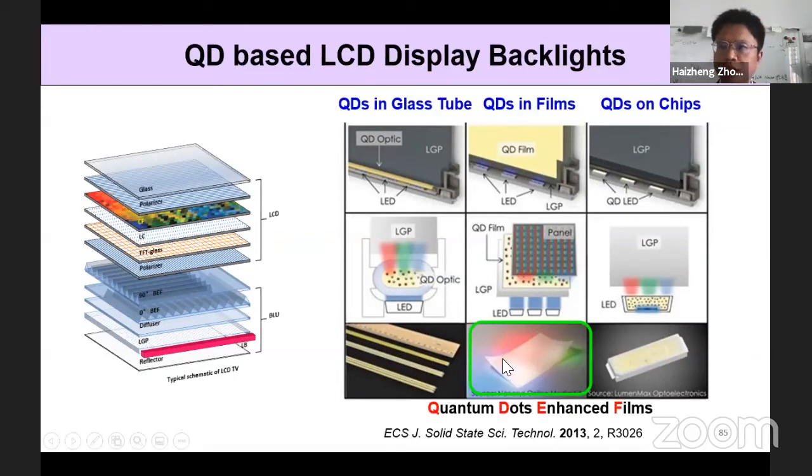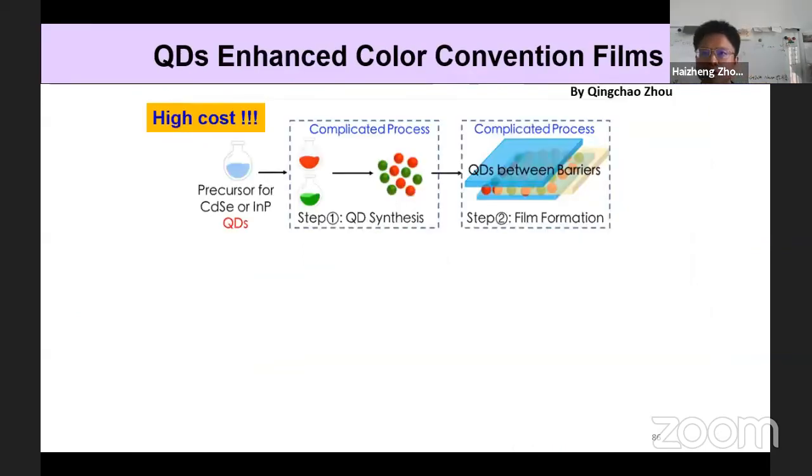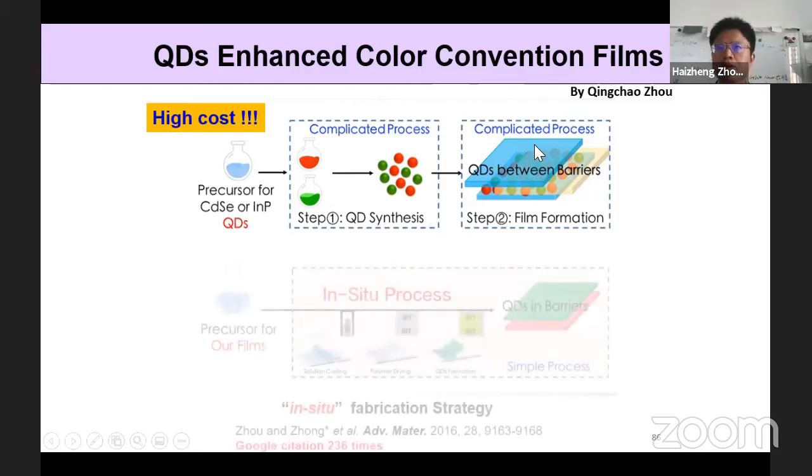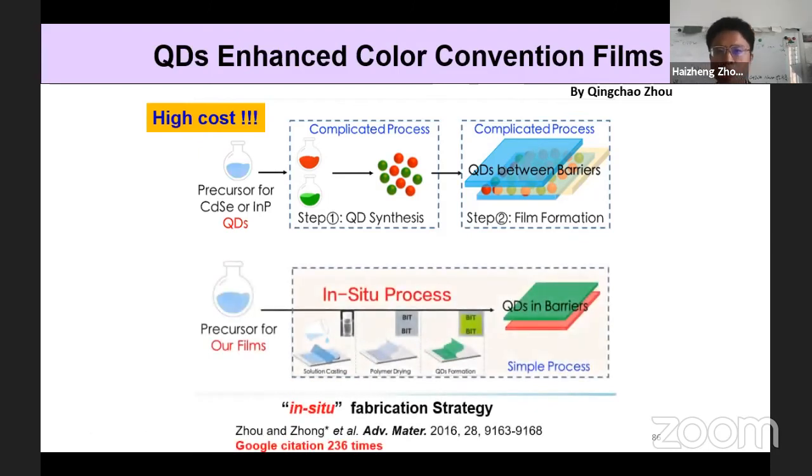This was first developed by Nanosys and 3M. For conventional cadmium selenide or indium phosphide, they experience a long process for fabrication, and they need very thin barrier films to cap them. Based on the solubility of perovskites, we invented the in-situ fabrication of perovskite quantum dots inside the polymer matrix.